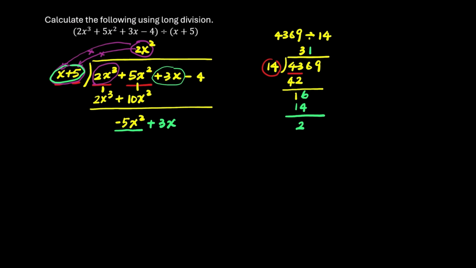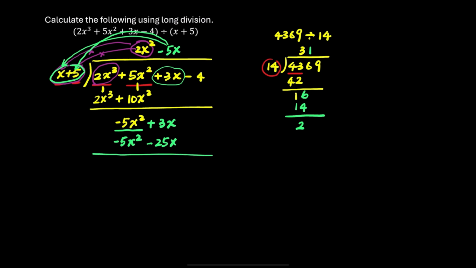We know this term would be minus 5x. So with minus 5x times x, we get minus 5x squared. And minus 5x times 5, we get minus 25x.